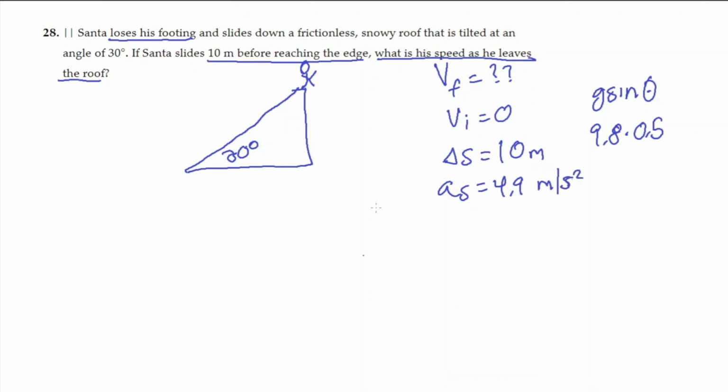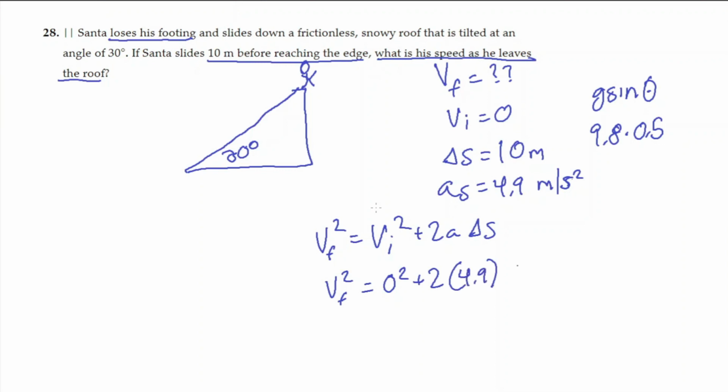Now all we need to do is plug it into the velocity final equation. v final squared is equal to v initial squared plus 2a delta s. So v final squared is equal to 0 squared, plus 2 times acceleration, 4.9, times delta s, which is 10. 2 times 4.9 is 9.8, times 10 is 98, and that is equal to v final squared.